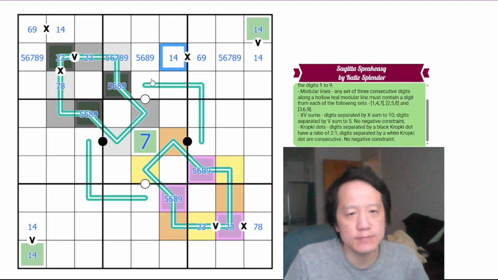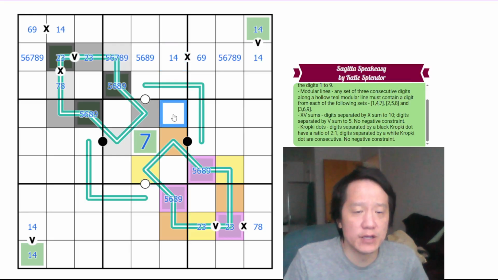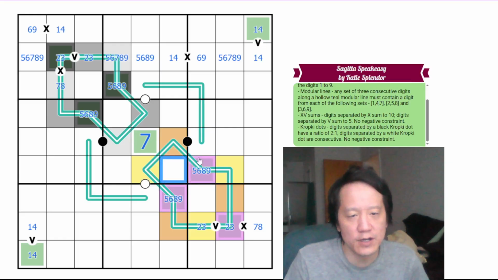Okay. What does that mean? That means in this center box, again, the dark is either 2 mod 3 or 0 mod 3. Same with the pink. That means the 1 mod 3 must be one of these two sets, right?